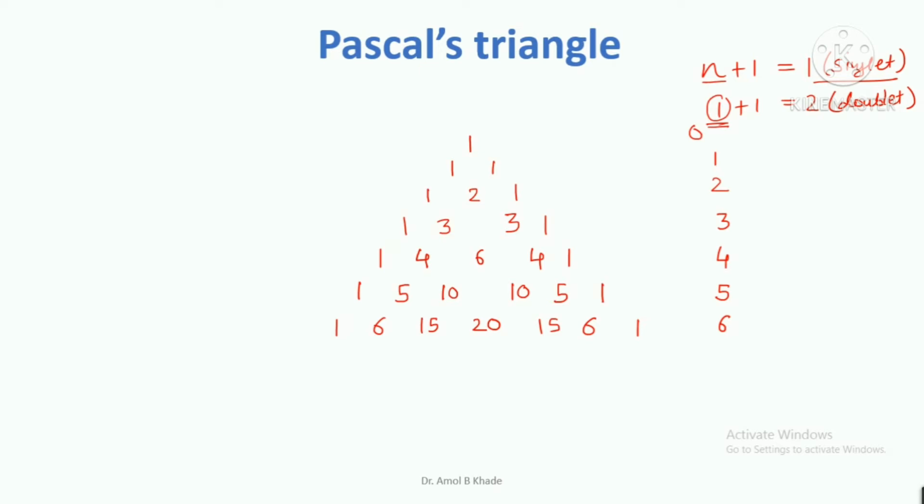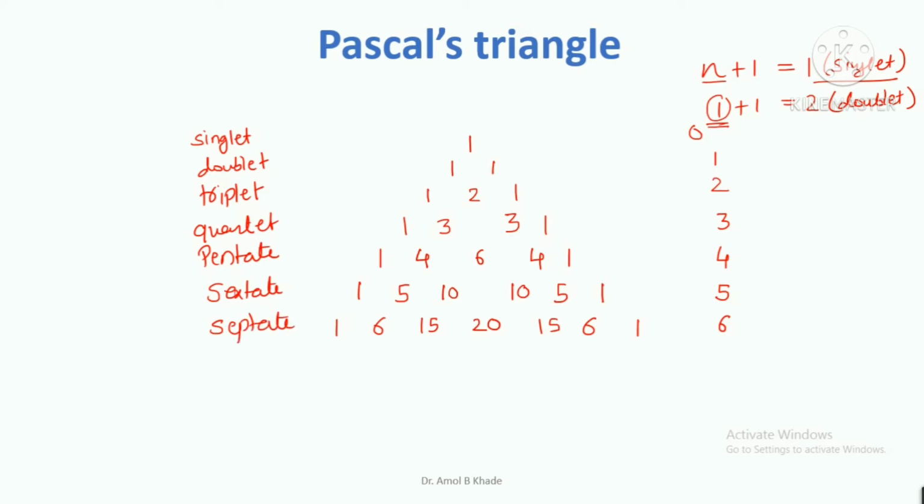So we can write this as a singlet, then a doublet, then a triplet, then a quartet, then a pentet, then a sextet, and then a septet.